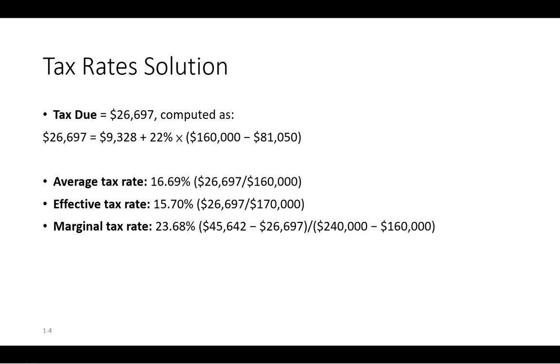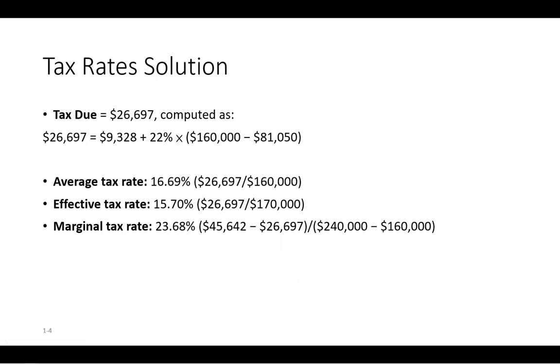This is the formula to calculate the marginal tax rate just on that additional $80,000. What you do is you take your new total tax that we just calculated, subtract the old tax on $160,000. So that's just isolating the amount of tax that is calculated on that $80,000. So that's in our numerator. Then in our denominator, the new taxable income minus the old taxable income, which is that $80,000.